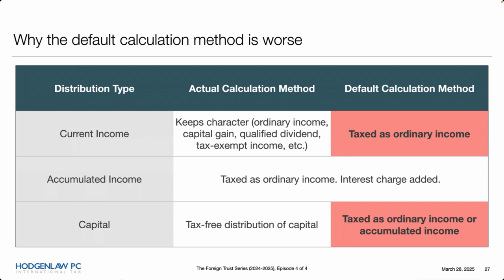So all of these things, long-term capital gains, are converted to having the character of ordinary income taxed at ordinary income tax rates. So you're losing the capability of having a lower marginal tax rate on an income item if you use the default calculation method. Accumulated income is taxed the same way for both of these calculation methods.